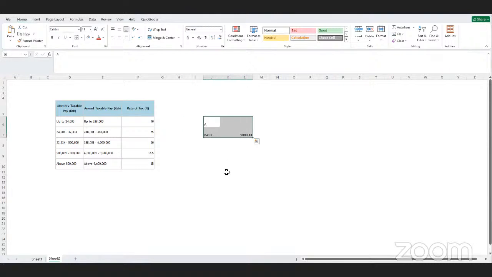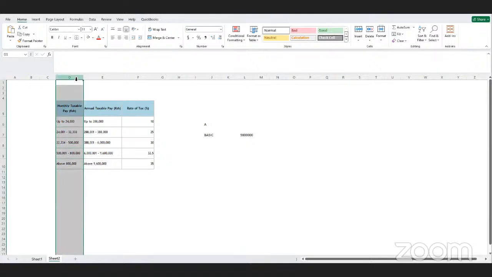Because the examiner will give you the basic pay and maybe some of the benefits, and then ask you to determine the taxable pay for person A. So you must know how to use this monthly scale rate to calculate the tax of this person. So we will subject this person to this graduated scale, but on a monthly basis.